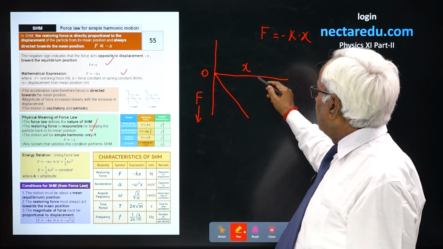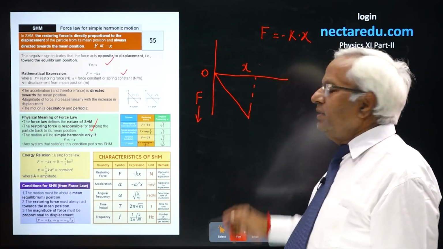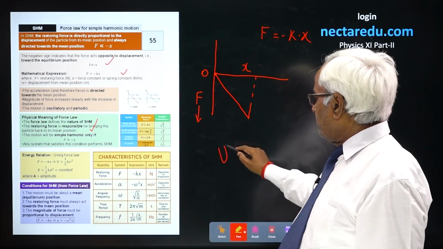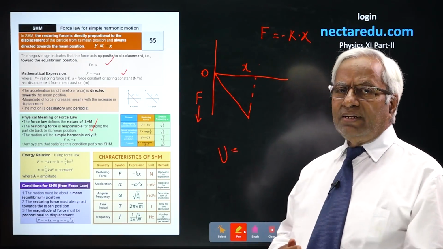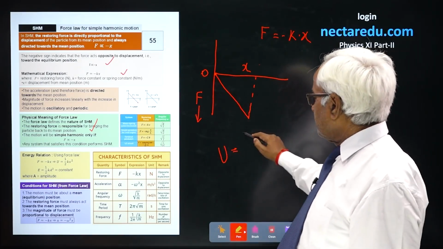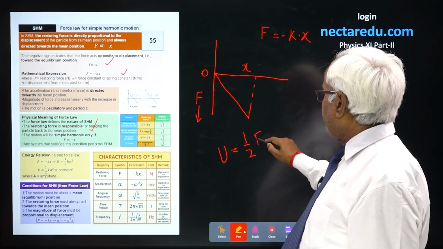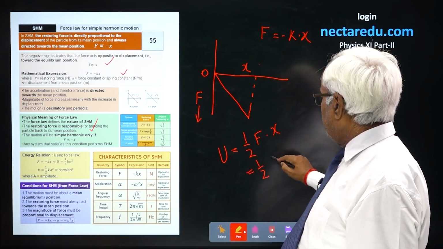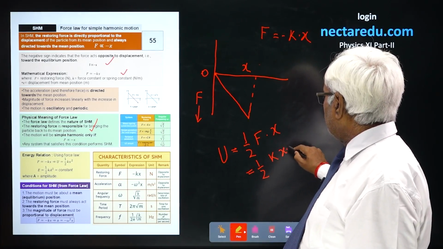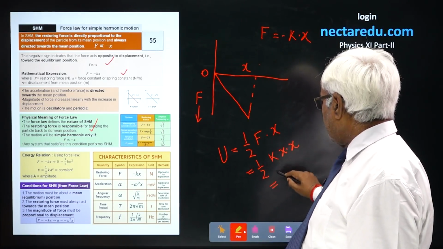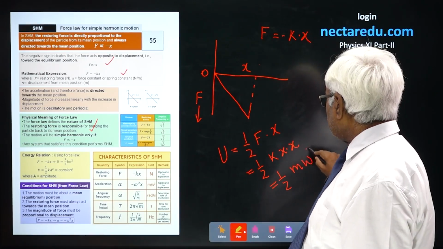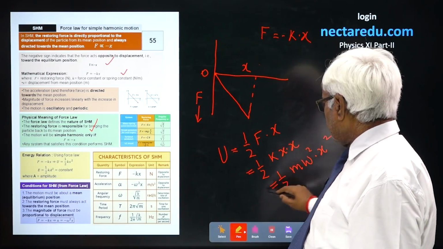And you know the area of the F-x graph is going to be the work done or the energy stored. If you try to find out the potential energy stored this way, this is going to be half Fx, then half F would be kx into x, that is half kx square, and already I told you k is m omega square.